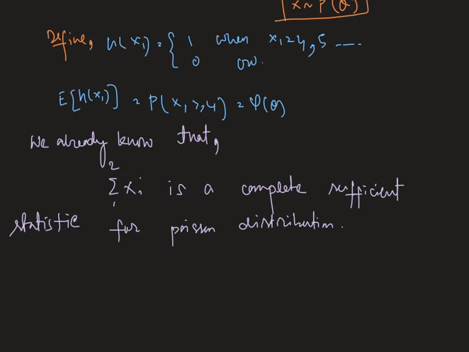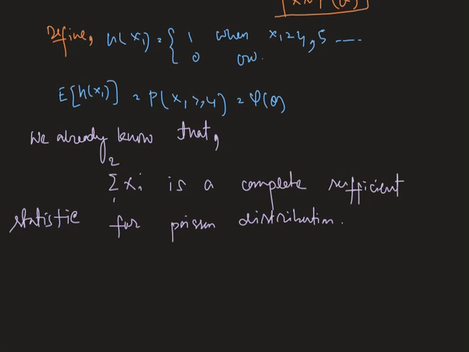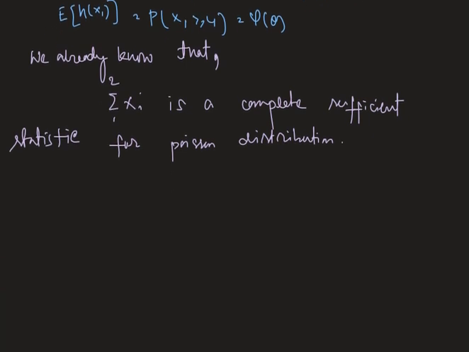Therefore we have an unbiased estimator h(x1) and the sum over xi is a complete sufficient statistic.